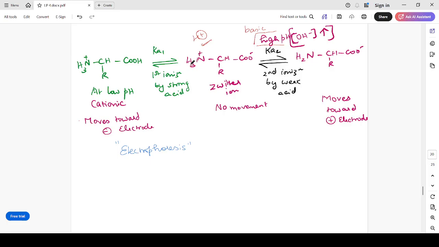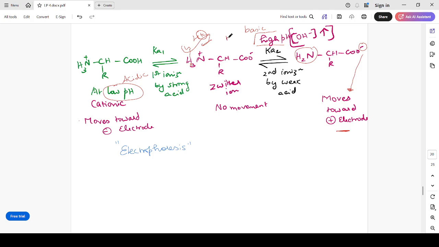So from this NH3 plus, one H plus will get abstracted. So that you will have NH2. What charge is remaining? Negative charge is remaining. So when this is available in electrophoresis, the negative charge will start moving towards the oppositely charged electrode, which is positive.